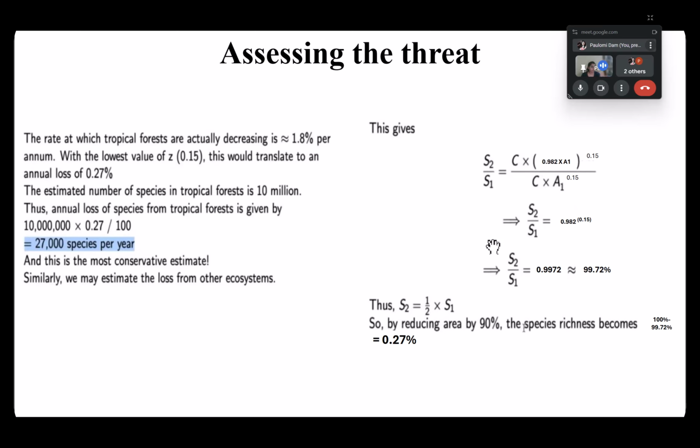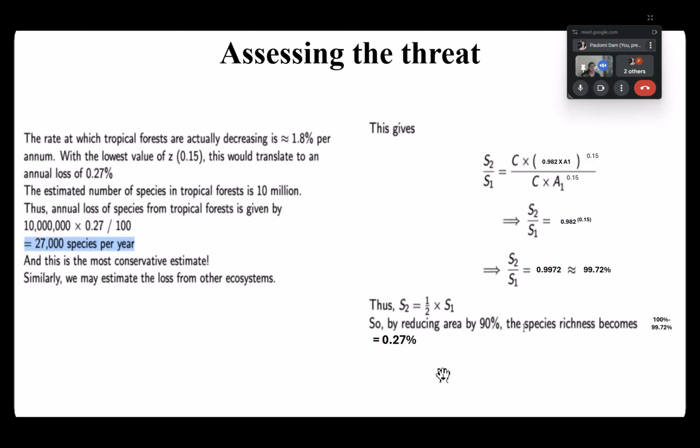How? By the formula on your right. So what has happened here is, you have now a land which is 1.8% less than the previous one. So that is what we did in the previous slide also. So now our new area is 0.982 of the A1, first one. And we are left with this 99.72% species richness in the second area, which means there is only 0.27% reduction.